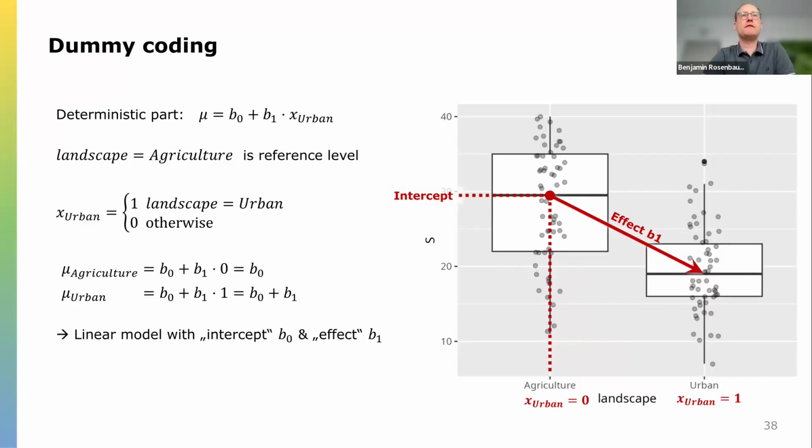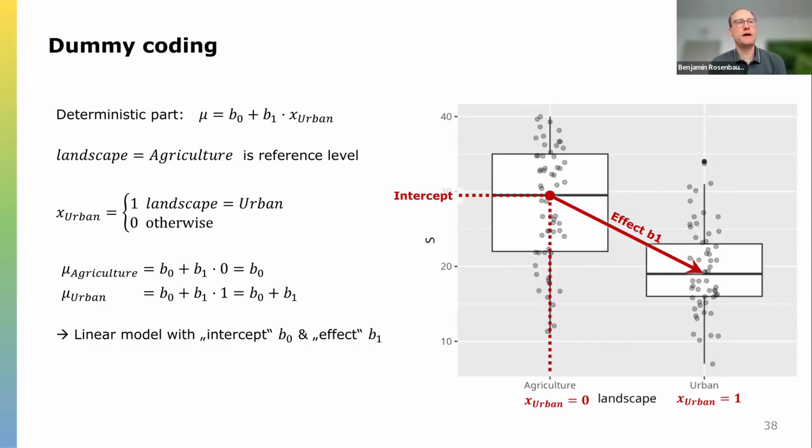And for this reference level, we have an intercept, which is B0. And then the prediction for the other group is the intercept plus the difference. You can achieve this by dummy coding.